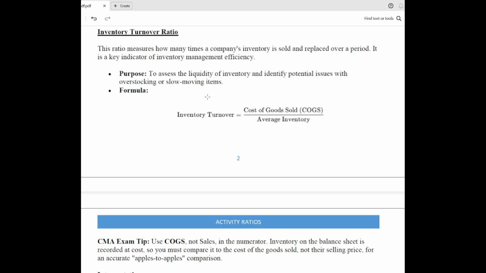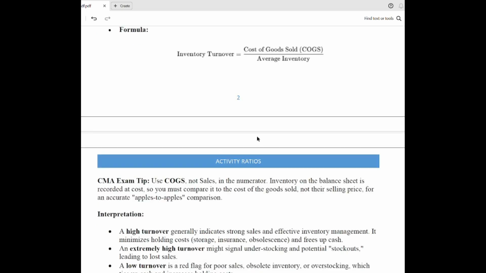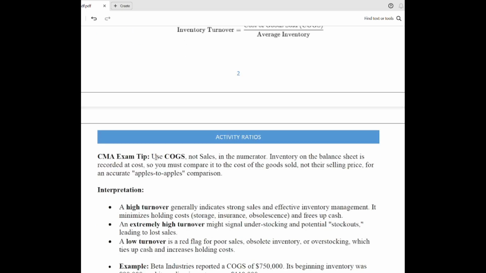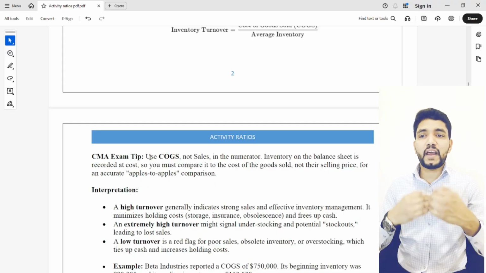The formula for inventory turnover ratio is cost of goods sold divided by average inventory. In the CMA USA exam, you should use cost of goods sold to calculate the inventory turnover ratio, not sales. Sales means cost of goods sold plus a margin.